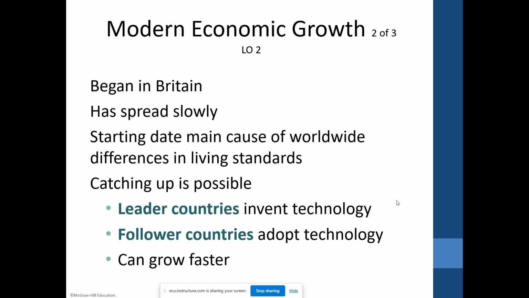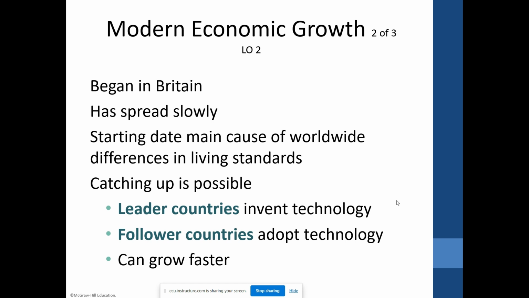Modern economic growth has slowly spread from its British birthplace. While much of the Western world began to experience growth in the early 1800s, most of Asia did not experience it until the early 1900s. In the last few decades, nations in Africa have only begun to see modern economic growth.